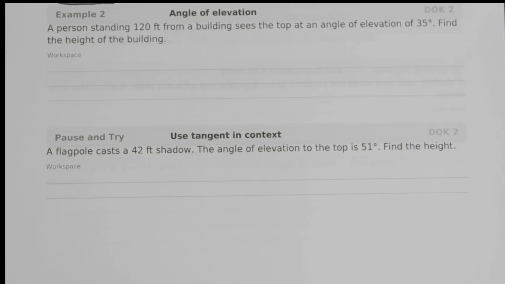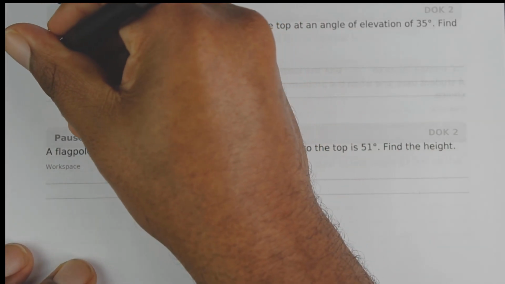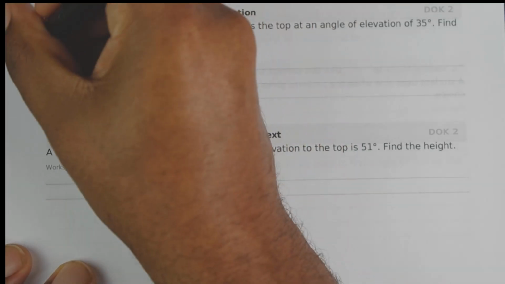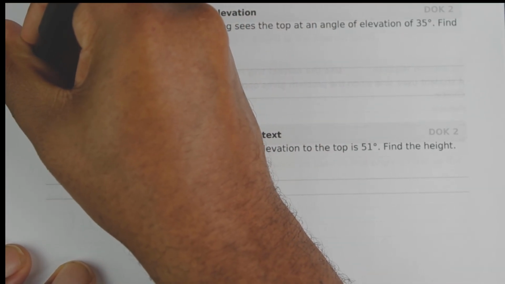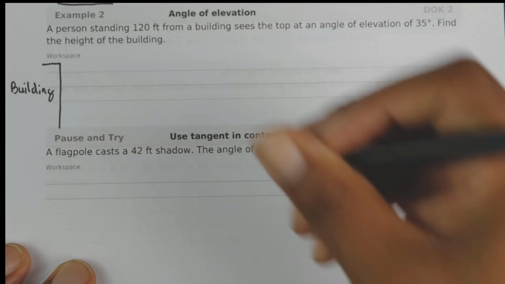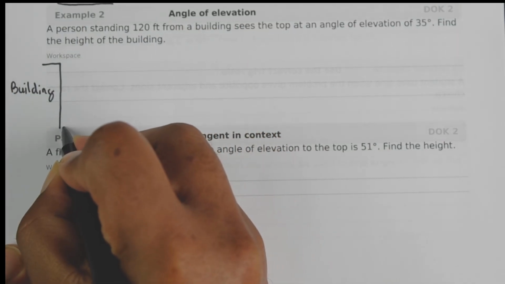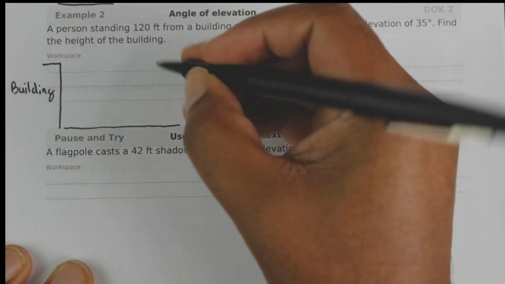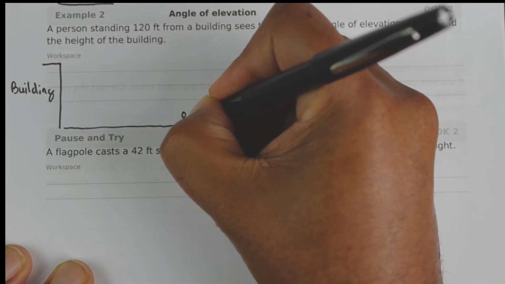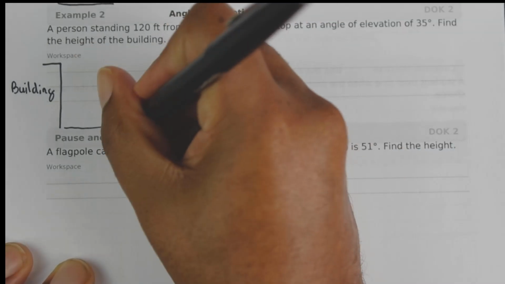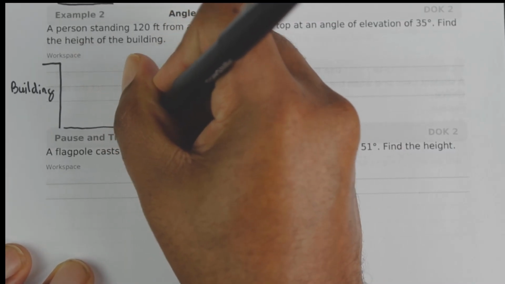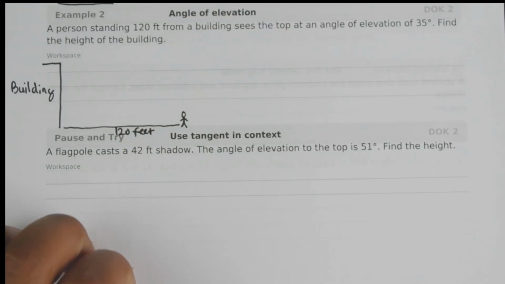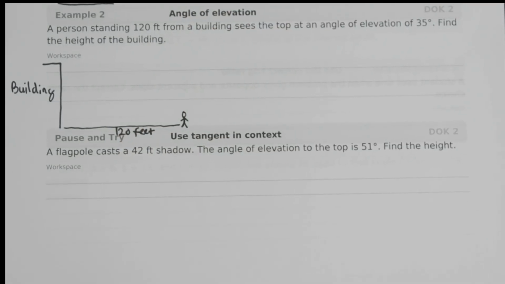That is the adjacent side, because this is the building, and then the person is at 120 feet from the building. So the person is standing 120 feet from the building. That is the adjacent side. The building height is opposite the angle.